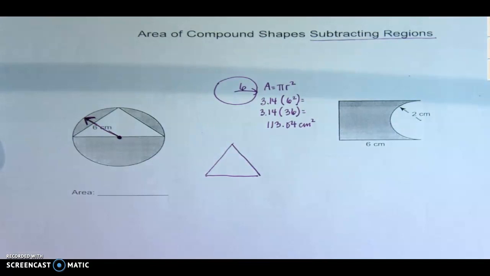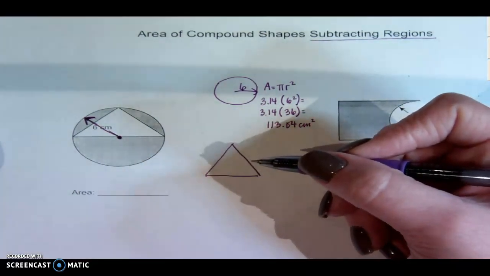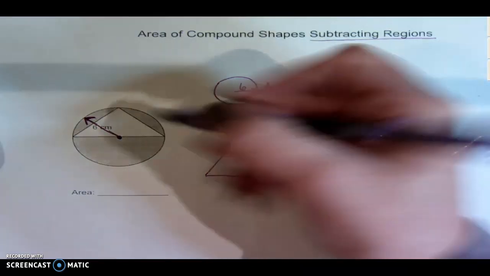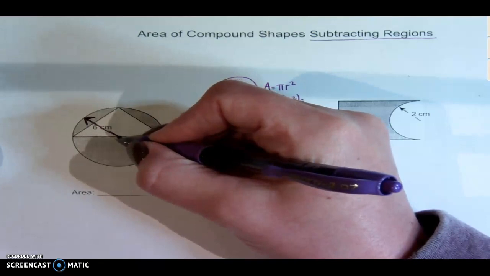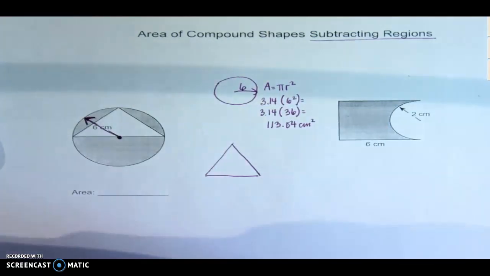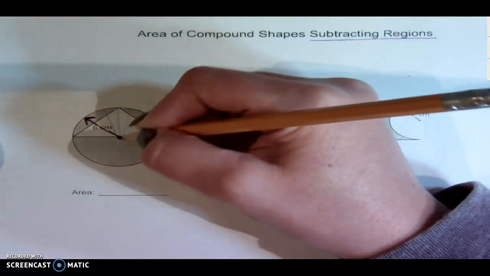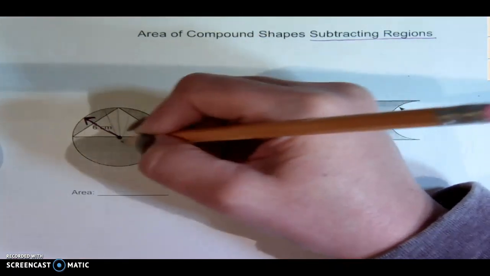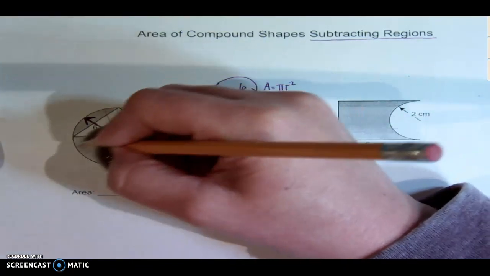All right, so let's label our triangle. It seems like we have very little information about this triangle. However, when we have the radius measure right here, I hope you realize that the radius measure goes all throughout this circle.